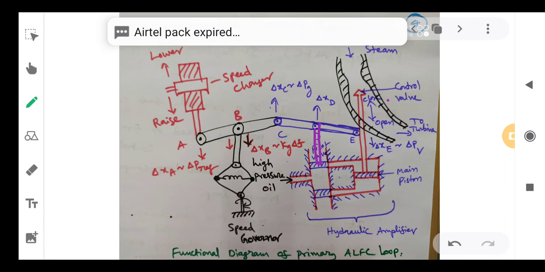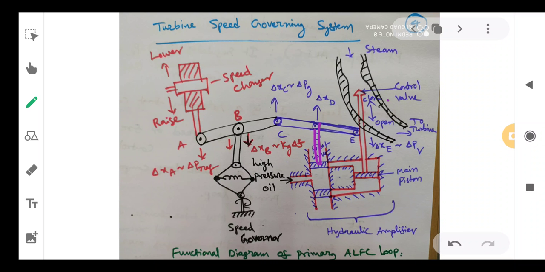Here delta XA is related to delta P reference, delta XC is related to delta PV, the valve power output. Similarly, delta XC is related to delta PG, the governor output power. Delta XB is related to delta F, the frequency variation. This is the speed governor. The speed governor will have balls.